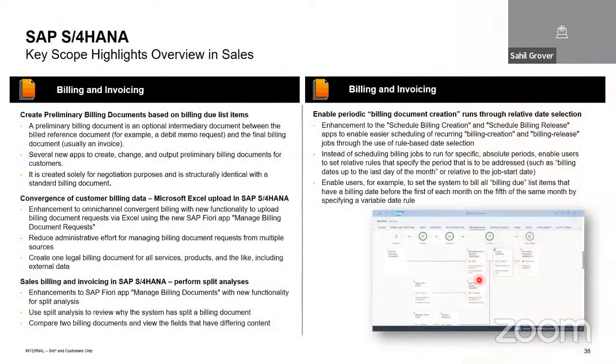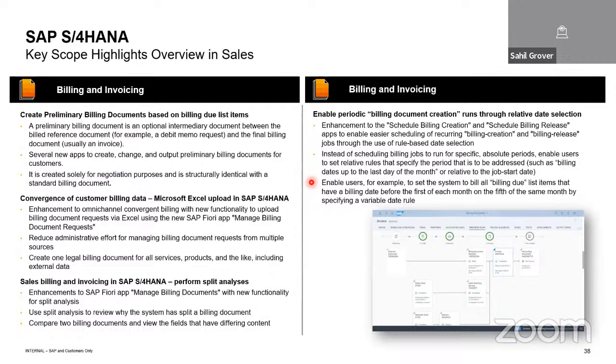Now you can see that we have divided into billing and invoicing, and there are preliminary documents available. Preliminary billing documents are equivalent to a pro forma, where we decide and create a temporary, intermediate document which can be used as a reference between you and the customer, and with this document you can negotiate.